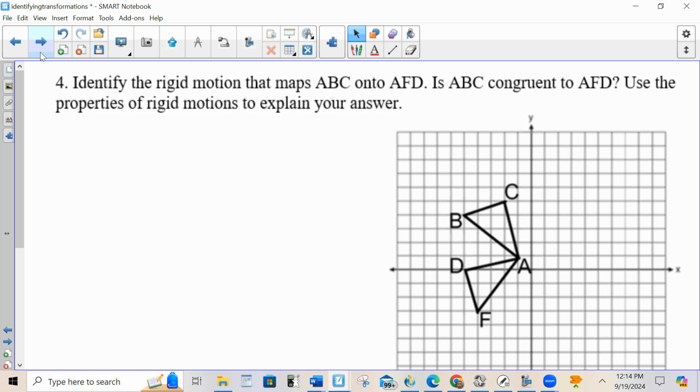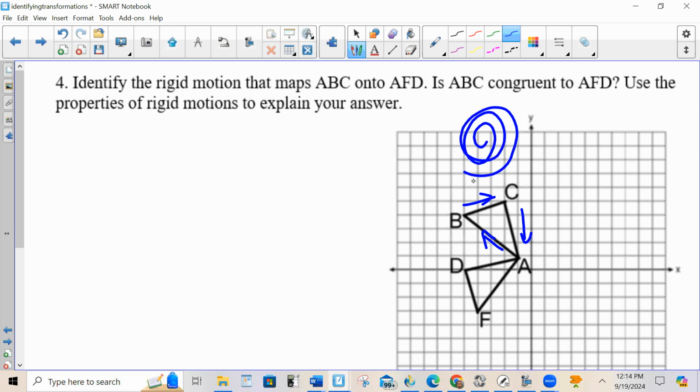Identify the rigid motion that maps ABC onto AFD. Well, ABC, A to B to C, that is going clockwise. AFD, A to F to D, that is going clockwise. They're both going clockwise.